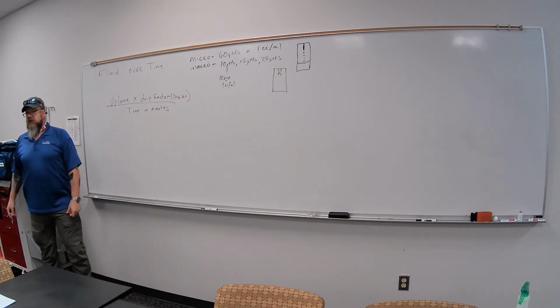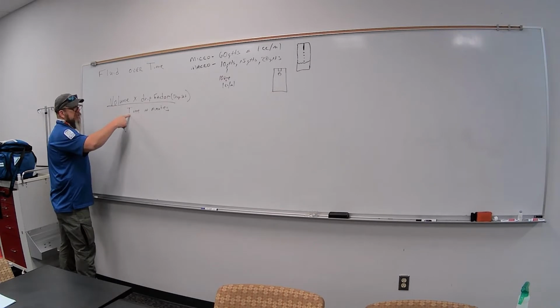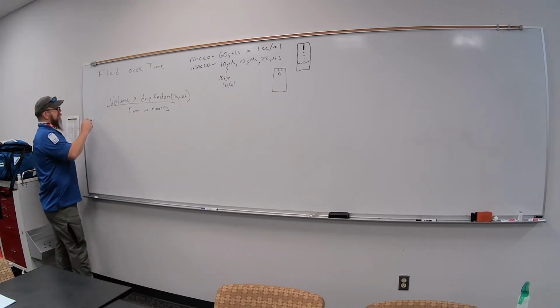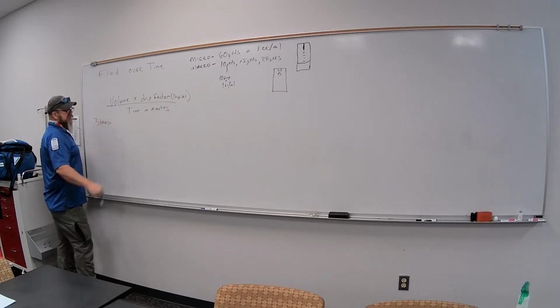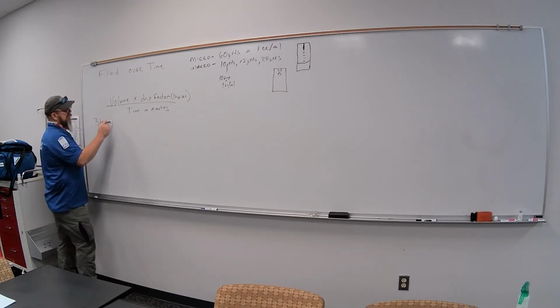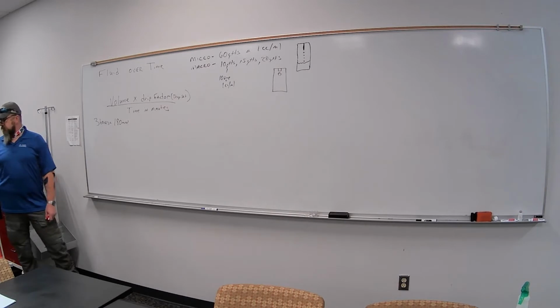So before you even start, if they tell you to infuse something over 3 hours, you need to equate that to minutes: 180 minutes. That's how you break it down. Does that make sense?